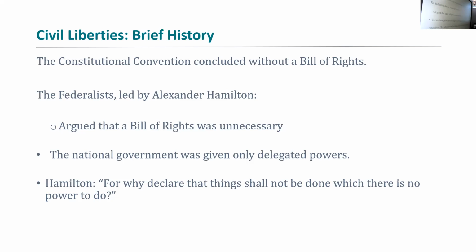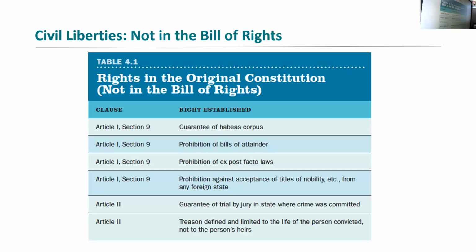They thought that it was detrimental to the welfare of the nation and to the welfare of the people, because they believed that if we declare the rights that you have, then inevitably we would not come up with a comprehensive, exhaustive list. We would leave something off. We would omit something by mistake, not intentionally, but there would be rights that existed that we would not mention. And we absolutely have that problem.